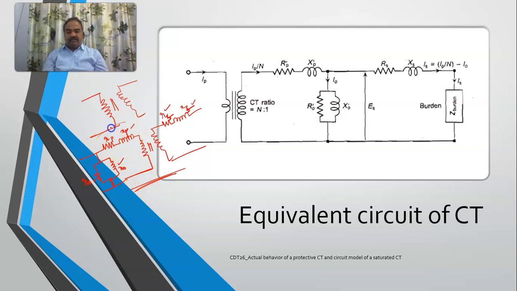Now you can refer these things to either of the sides. So what I am doing here is just referring these things to the other side. I am just transforming them.